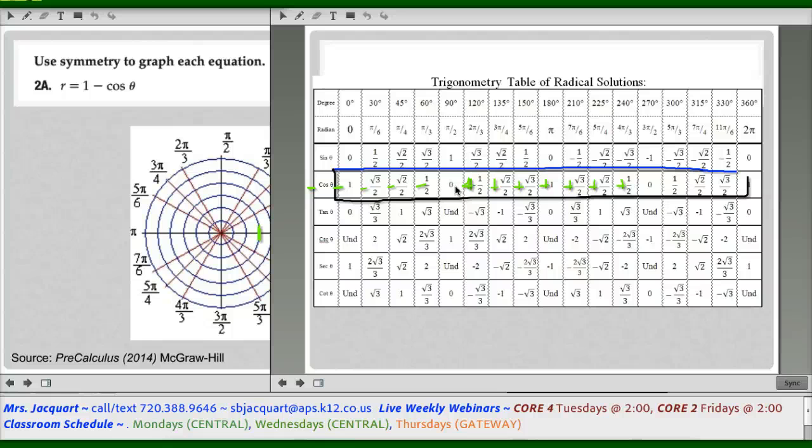So that's your 1. So that first dot was 1 minus 1, which is 0. Pi/6 was 1 minus 0.8, so that's just small. And then we're going to go to pi thirds, which is 1/2, 1 minus 1/2, which is still smallish. And then 1 minus 0 is 1. I think I messed up on that dot.